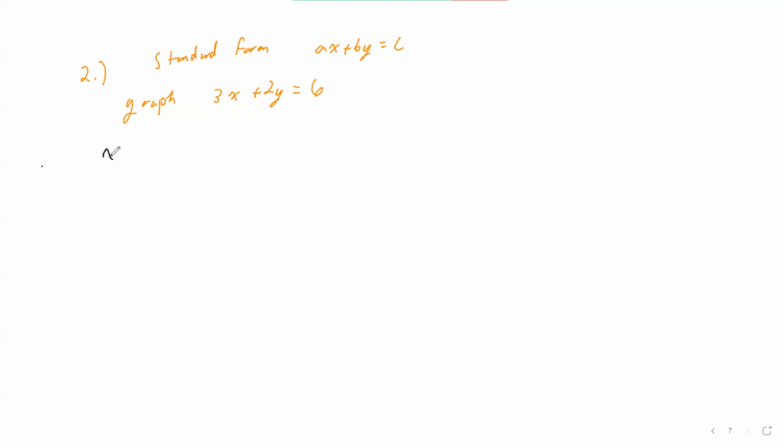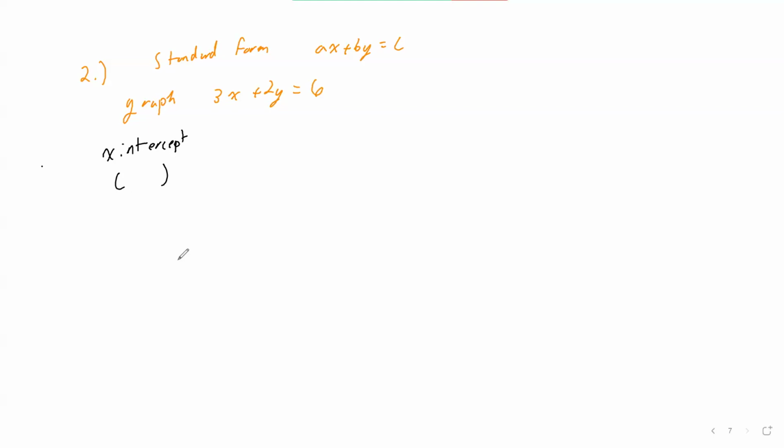is I'm going to look for the x-intercept first. If it's an x-intercept, it crosses the x-axis. What is the coordinate of anything that crosses the x-axis, or is on the x-axis, I guess I should say? Is it 0?